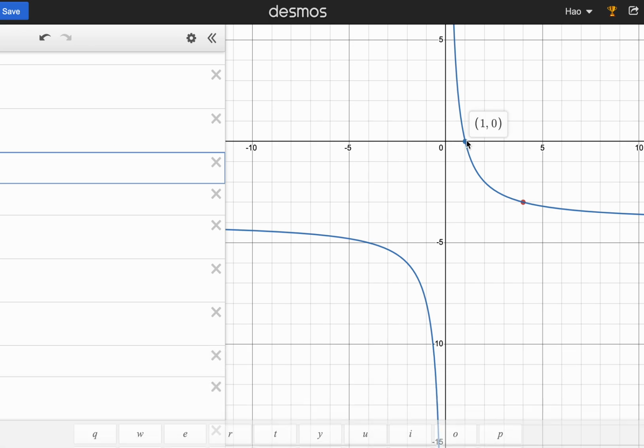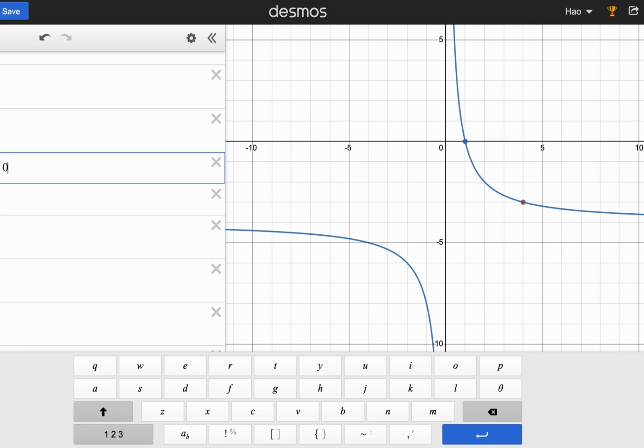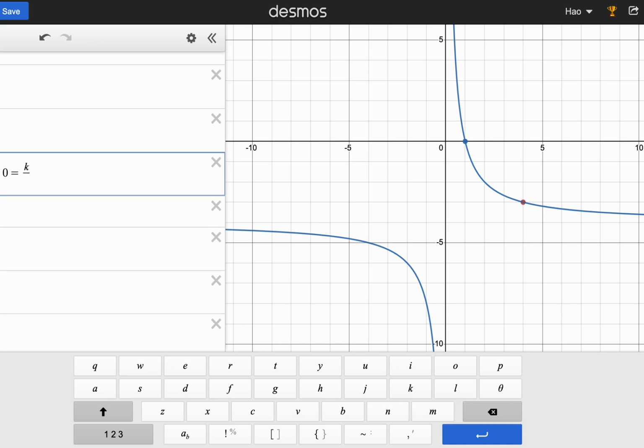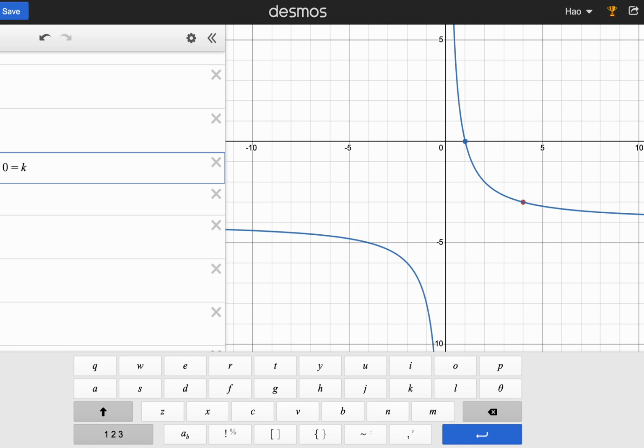The first one is 0 equals, we don't know what k is, so we just use k divided by 1. It's just k, plus b.